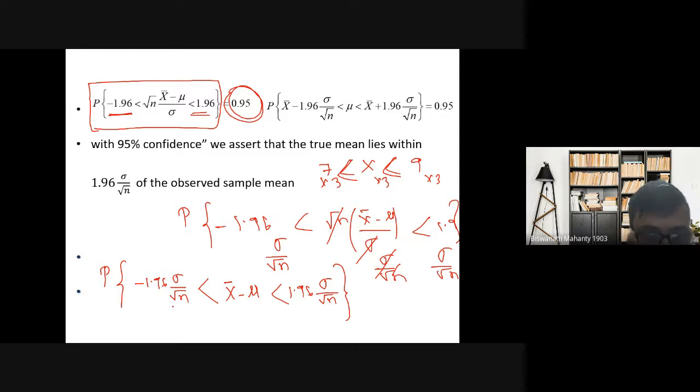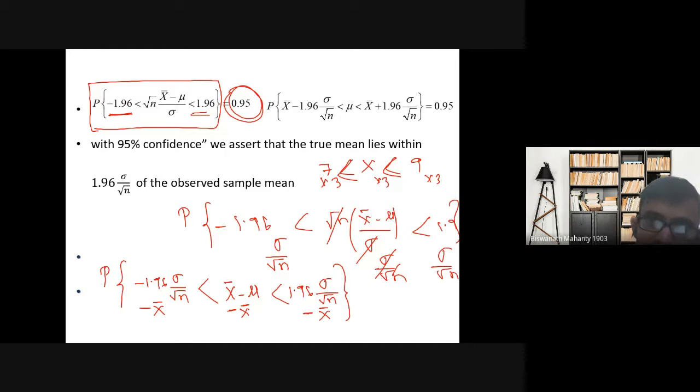Now assume on both sides I am adding some value. What value will I add? This is the question. For every case I will subtract x bar. Minus x bar, you subtract from everyone. Do you think it will change the picture? Nothing will change. Behavior will remain the same. Yes or no?